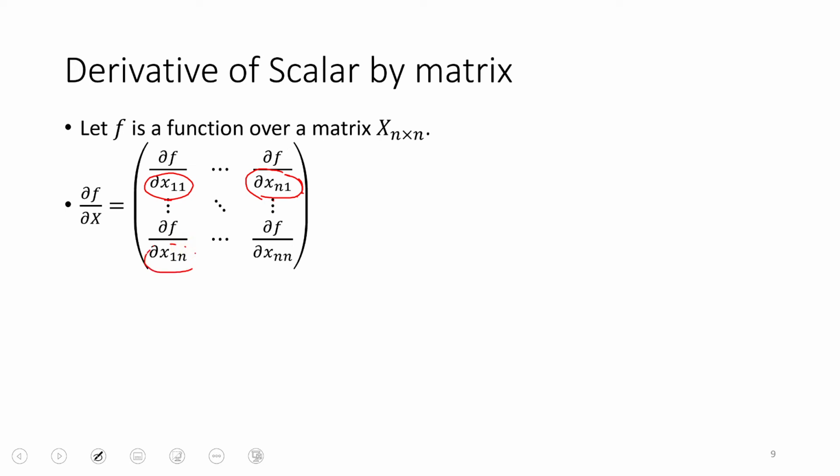You have an n by n matrix organized this way, called the numerator layout, also called the Jacobian formulation.